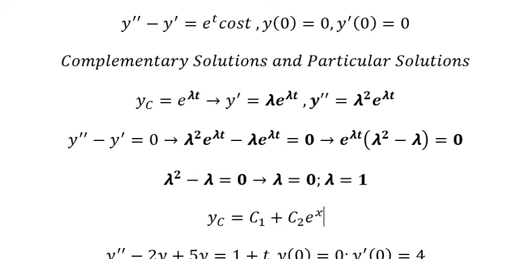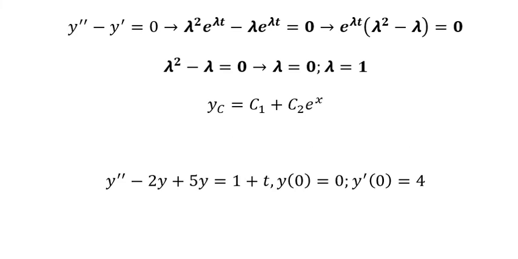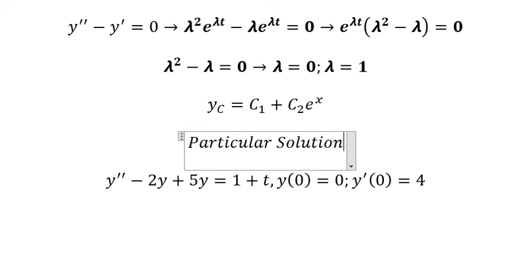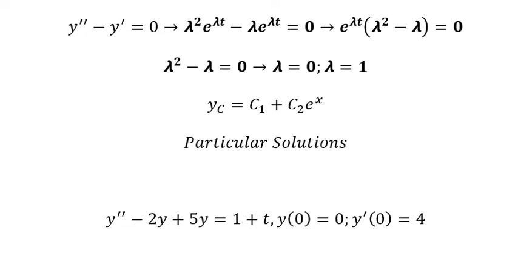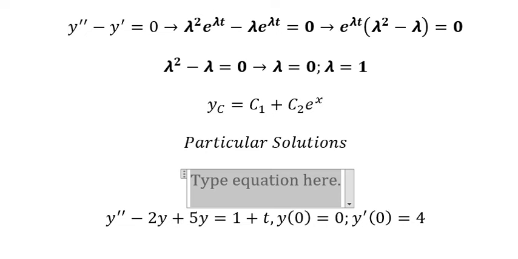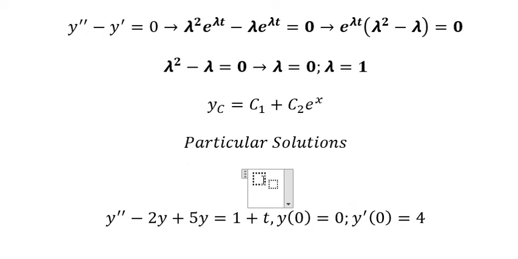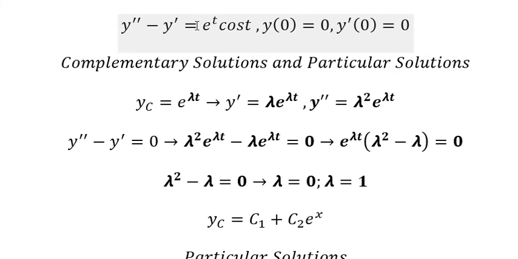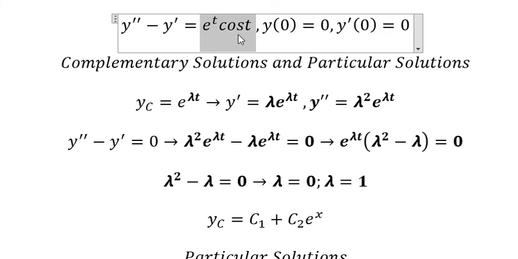Now let's go to the second one. That's about particular solution. So we put about yp. So we see that we have this one in here.